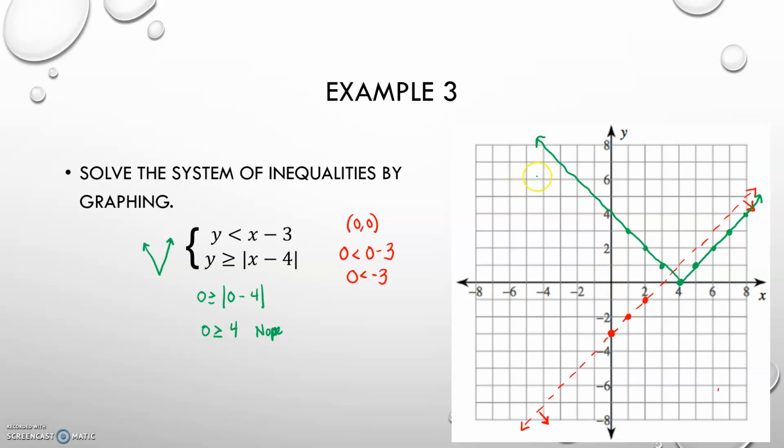So if I were to shade, I would have to shade inside, which means that the only place that my two graphs are going to overlap, if I look at the red line and the green line, the red has to shade this direction, but green shades above it. The only place they overlap is going to be right in this middle section. So that might look a little bit weird to you, but that is the only place where they overlap, and that is where our solutions would be.